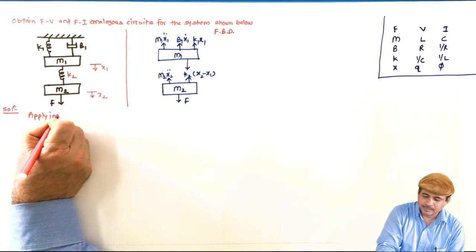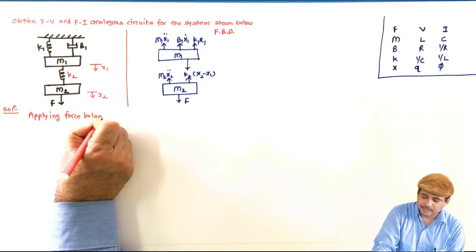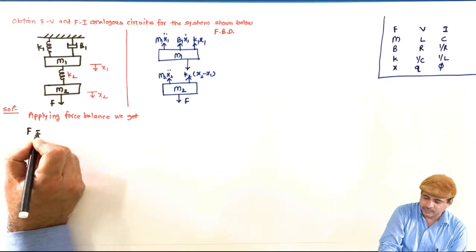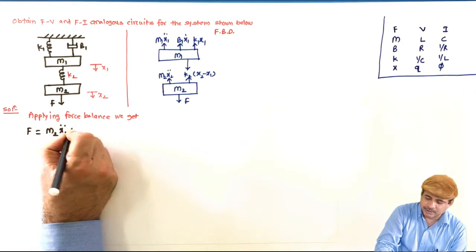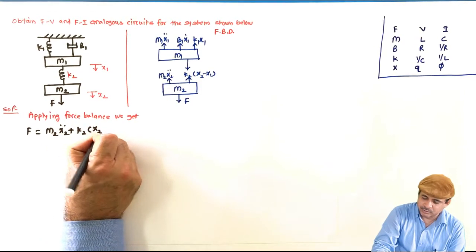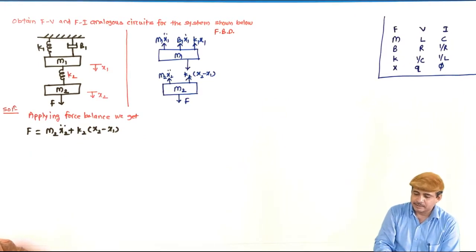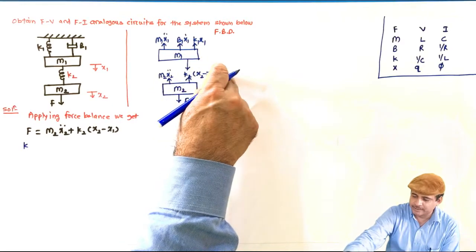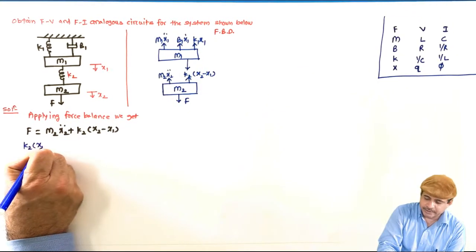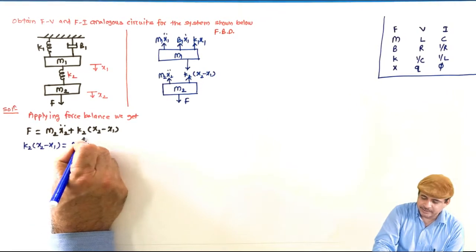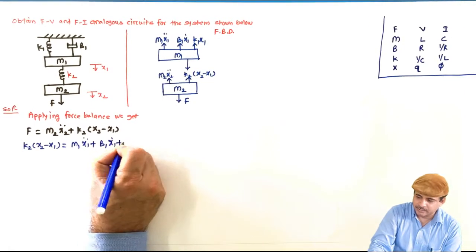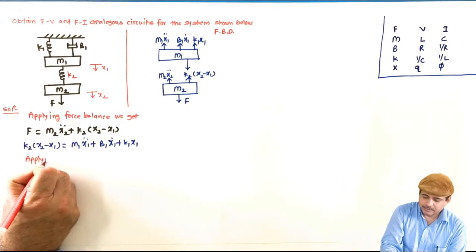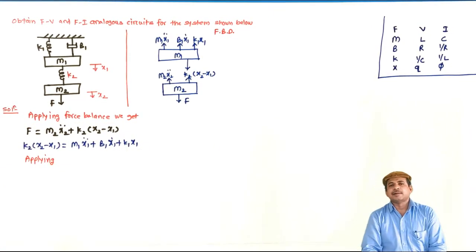Applying force balance, we get F equal to M2 X2 double dot plus K2 (X2 minus X1), and the second equation is K2 (X2 minus X1) equal to M1 X1 double dot plus B1 X1 dot plus K1 X1. So these equations for the mechanical system are obtained.